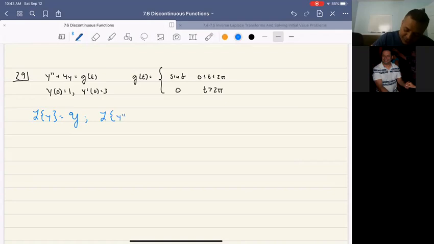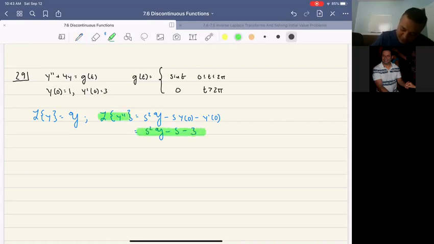L of y double prime is going to be s squared y minus s y of 0 minus y prime of 0. Okay, that's normal. So y of 0 is 1, y prime of 0 is 3. So this is going to be s squared script y minus s minus 3. Okay, so far so good.